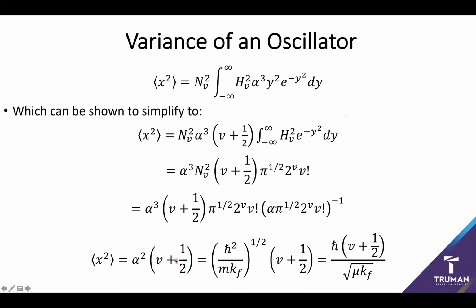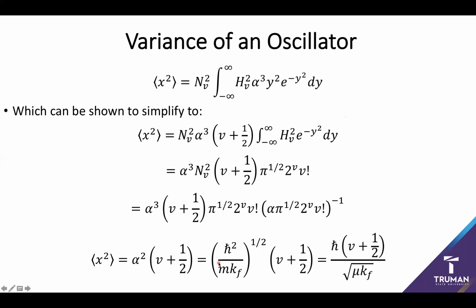And then we have to remind ourselves of what our alpha value was. So our alpha value was related to the quartic root of h bar squared over m f. So I'm going to essentially, by squaring the function, reduce it to the square root of this value.